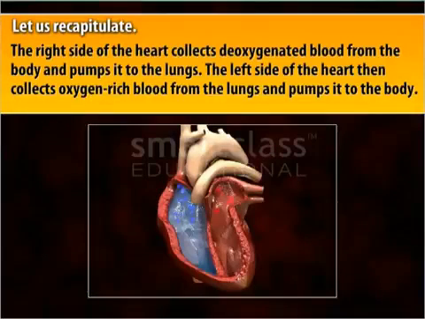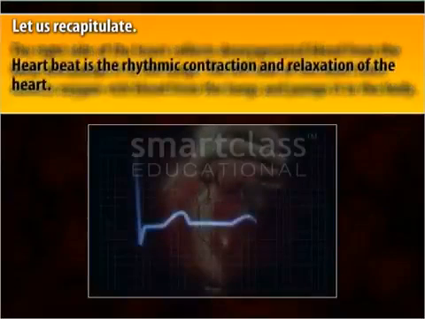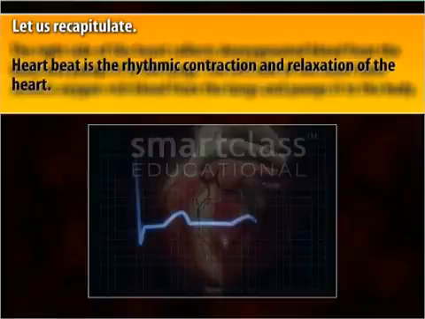The right side of the heart collects deoxygenated blood from the body and pumps it to the lungs. The left side of the heart collects oxygen-rich blood from the lungs and pumps it to the body. Heartbeat is the rhythmic contraction and relaxation of the heart.